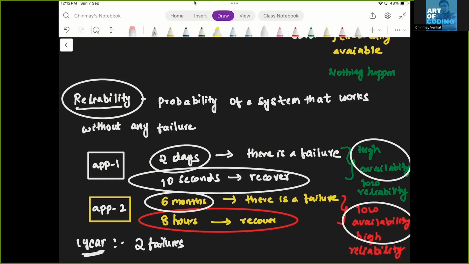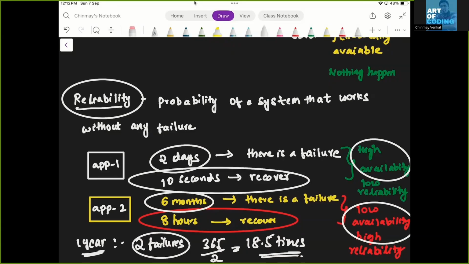For app 1, how many failures? 365 divided by 2, that means about 182.5 times. So that's why app 2 has high reliability even though it has low availability. I hope you can clearly understand the difference between availability and reliability.